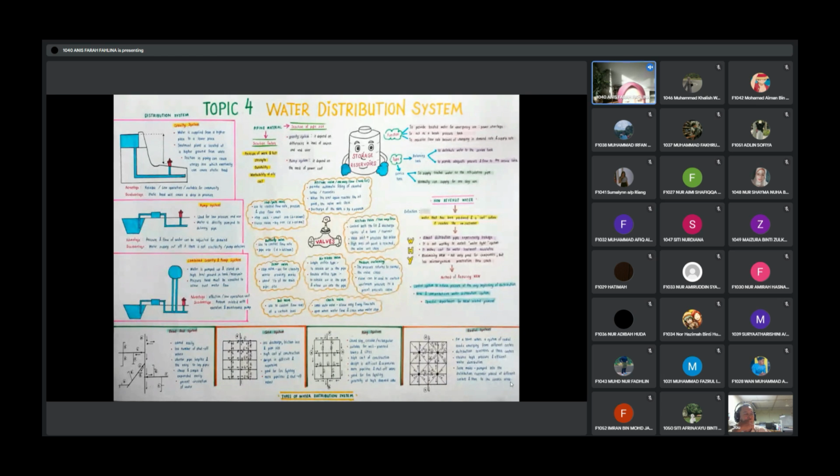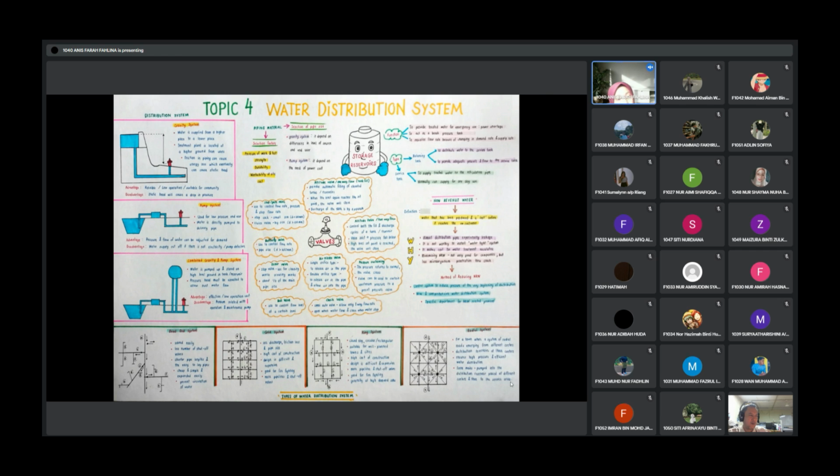The next one is piping material, which includes selection factor and selection of pipe size. Components in distribution system are well and storage reservoir.